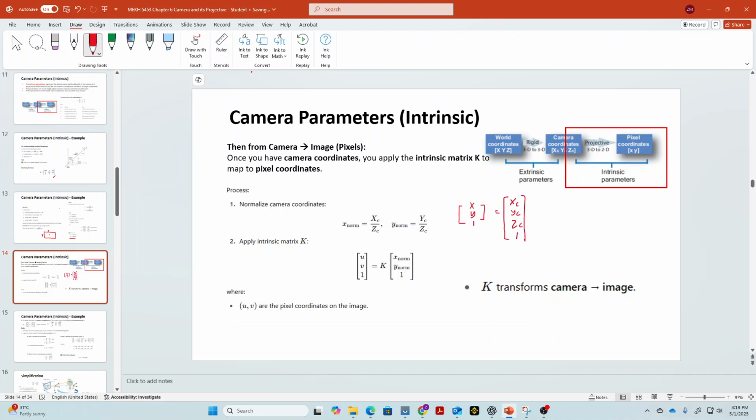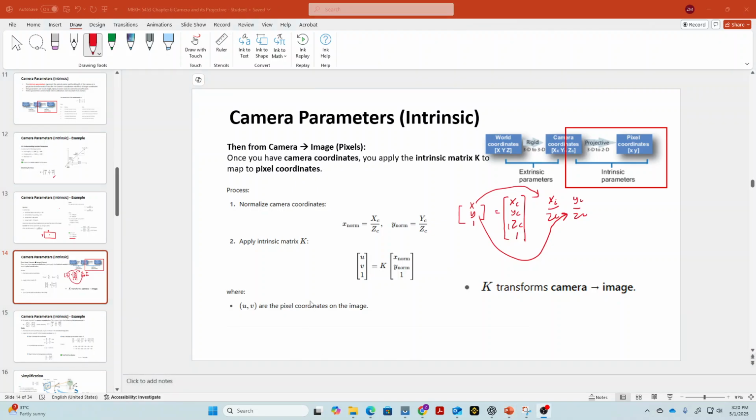To normalize, you divide xc by zc, and yc divided by zc. So this is the normalized form. We don't have z anymore because we are using it for the normalization. Z divided by z is equivalent to 1.